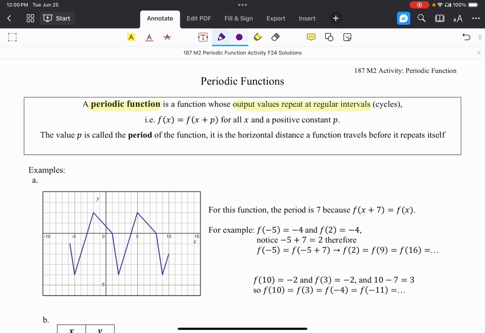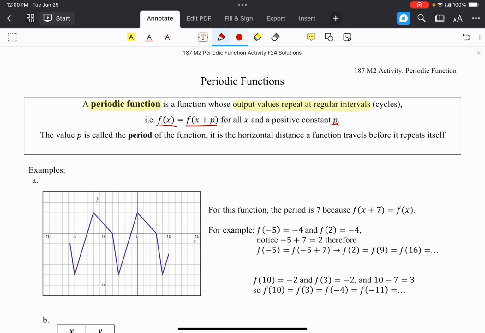And you can think about that algebraically with this notion of, okay, our function has some output, we call it f of x, and then p units later, so f of x plus p, the function's going to hit the exact same value. And then f of x plus 2p will be back at the exact same value again, where p is some positive constant value.